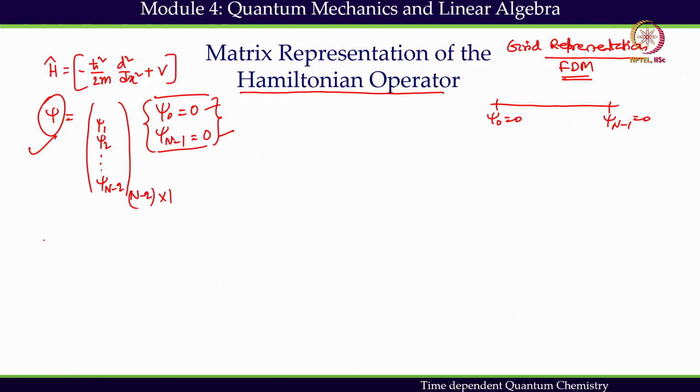So, I have this kinetic energy operator, which is ħ² by 2m, then I have d²/dx², which I am now going to write as ħ² by 2m. Then for this part I get 1 by Δx² value, and then I have this matrix.